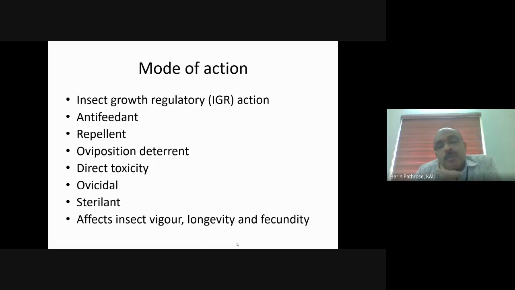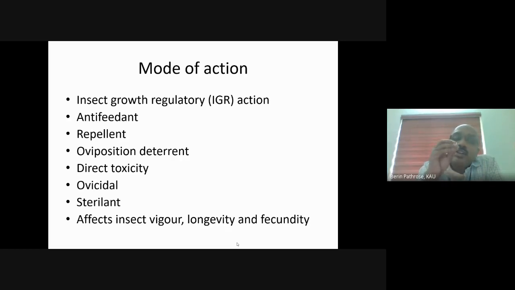Another property is repellent property. You should understand the difference between a repellent and an antifeedant. Antifeedant means the insect will come and rest on the sprayed plant surface, but won't be able to feed on that sprayed surface. While repellent means the insect will be repelled away from the plant surface itself.